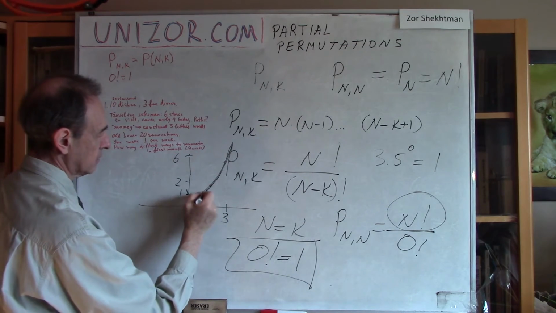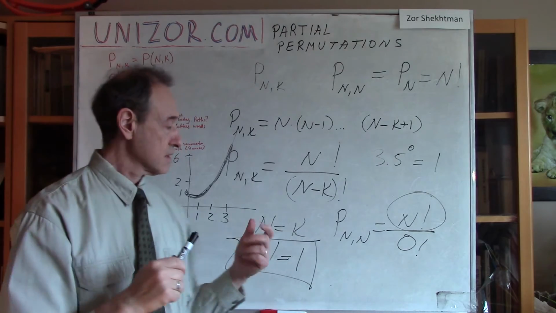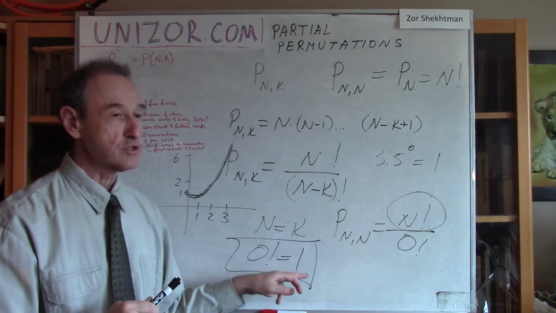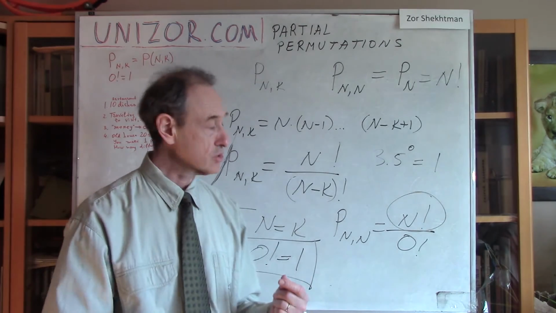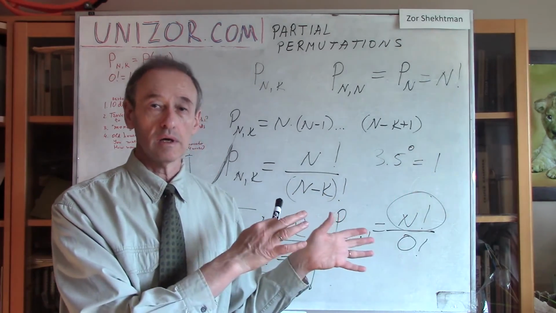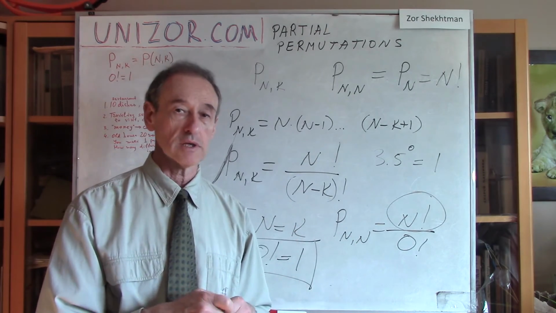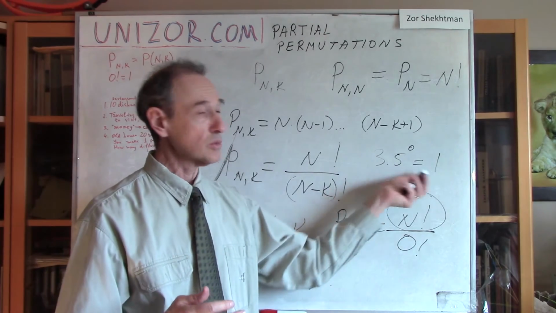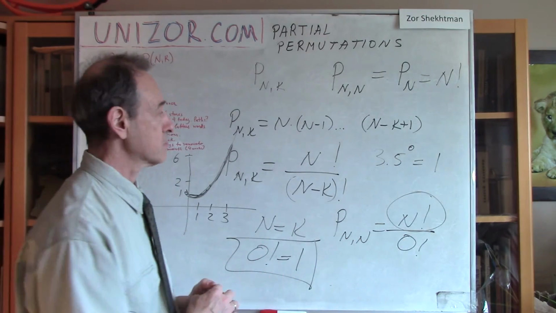It looks like a little parabola here. All right, so the 0 factorial equals 1 is justified by existence of this gamma function, and also some considerations which we had in some other departments of mathematics, where things also didn't seem to be very natural, but nevertheless we accepted them.